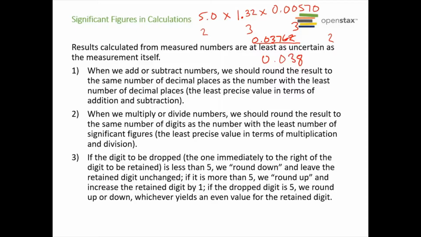And that's what point number 3 is. If the digit to be dropped, immediately to the right of the digit we're keeping, is less than 5, we round down, we keep the number as it is. If it's higher than 5, then we round up to the next digit by 1.